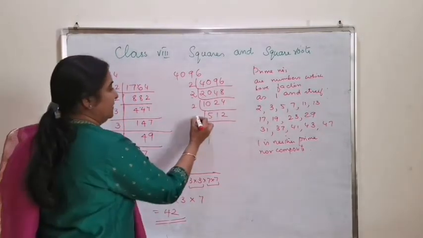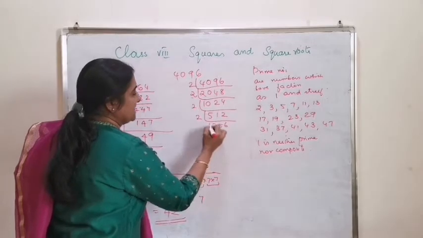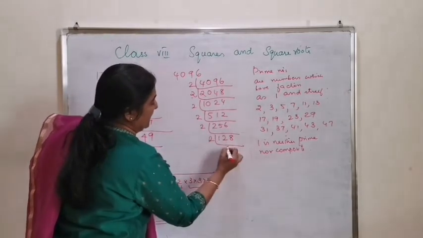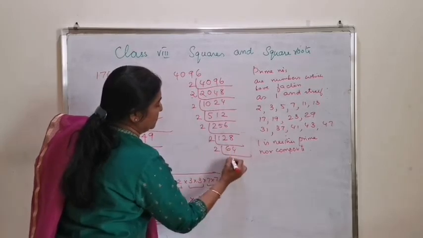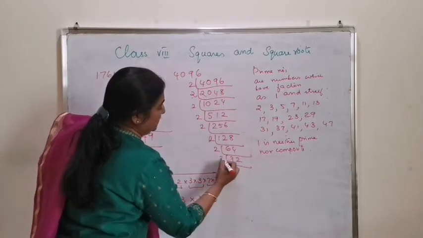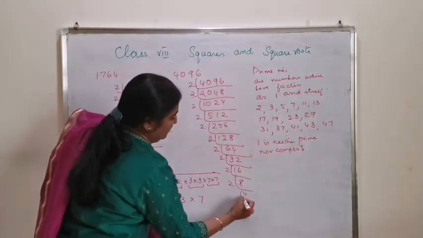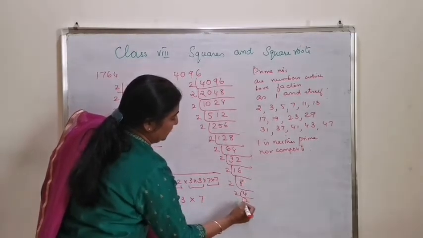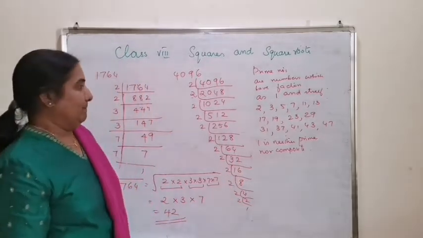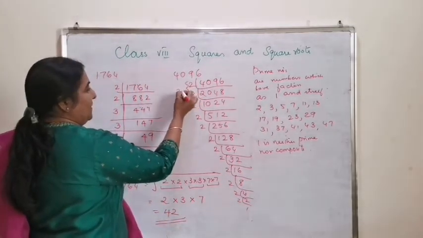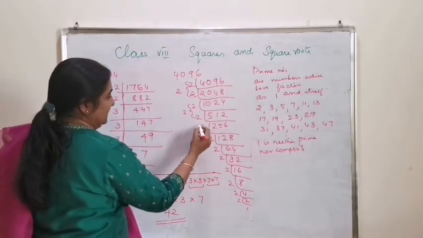With the prime factor 2, 256, by 2, 128, by 2, 64, by 2, 32, by 2, 16, by 2, 8, by 2, 4, 2, 2, 1. From here itself you can group 1 factor.